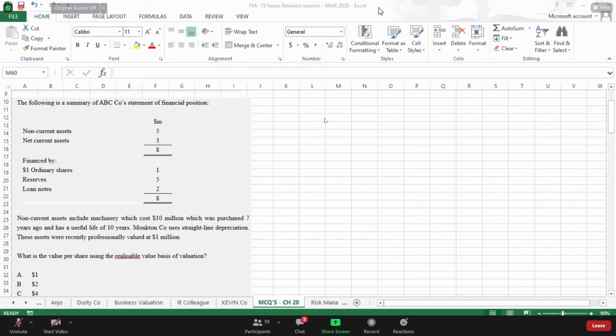What is the value of the business, first of all? Assets minus liabilities. Who will explain, Tenzin or Joe?